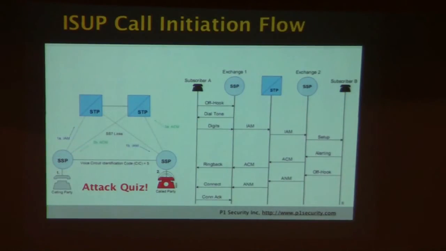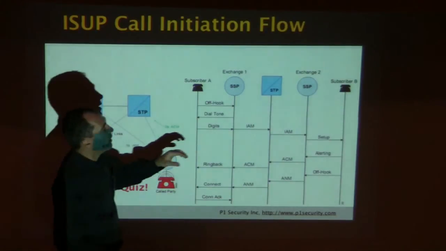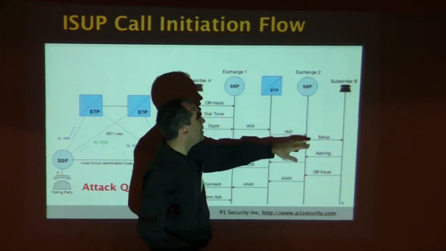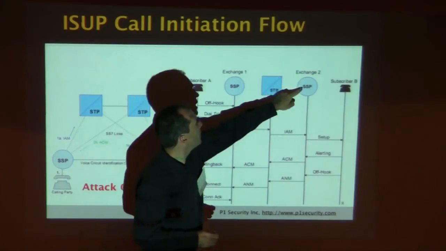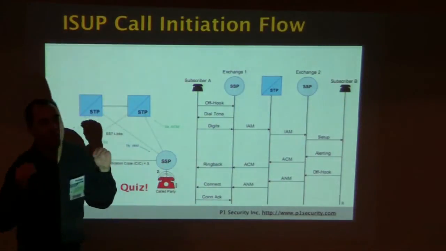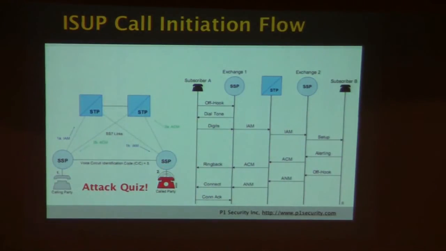So what kind of attack can we do here? Do you see any kind of attack that is obvious? Okay, I might add something. Each time you're sending an IAM, when you're doing the setup, this switch is provisioning a link from here to here and marking it as busy to say this is going to be used. Do you see maybe something that we can do?